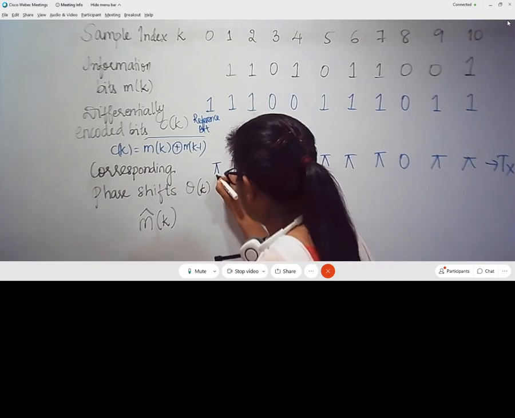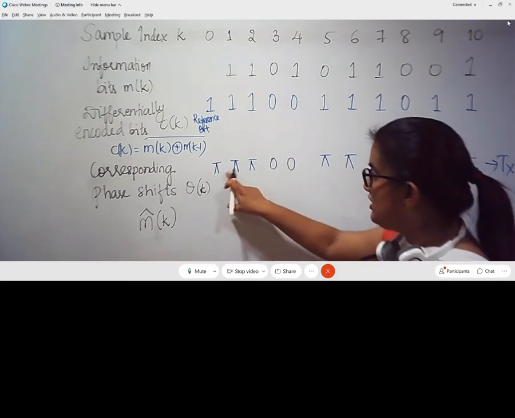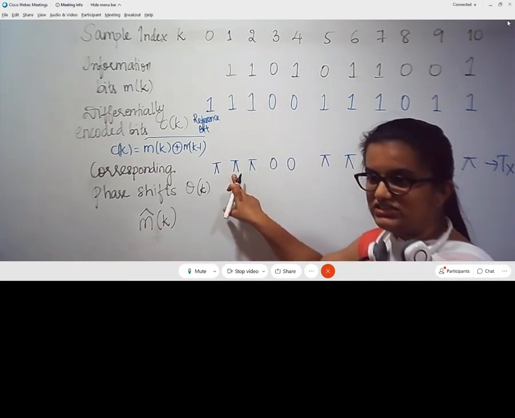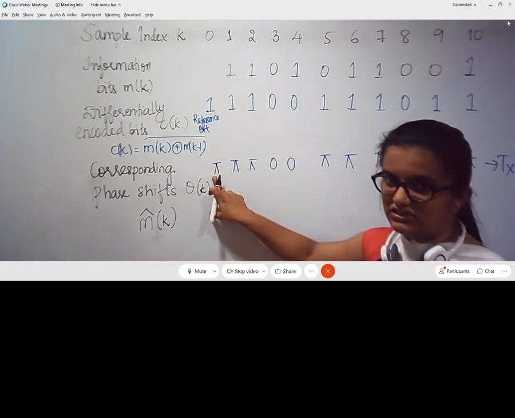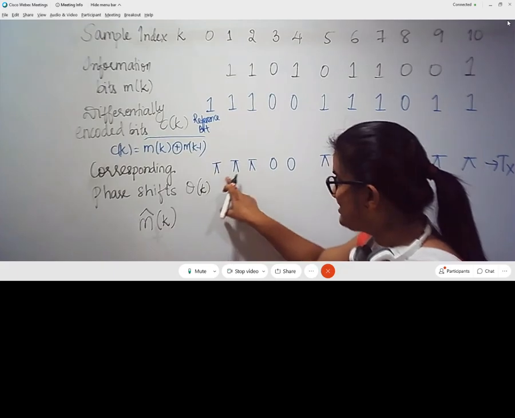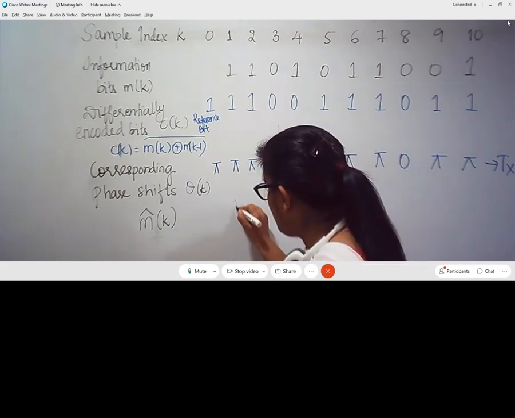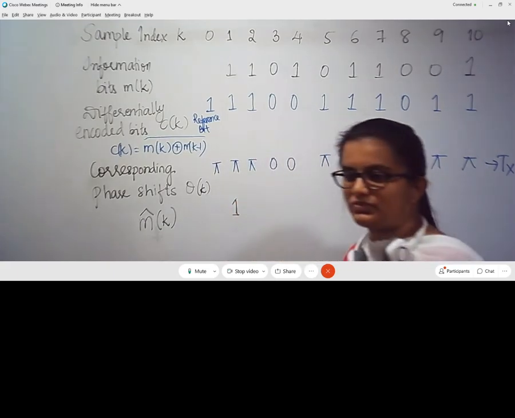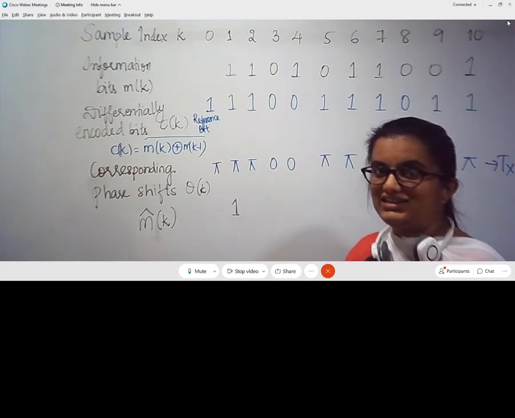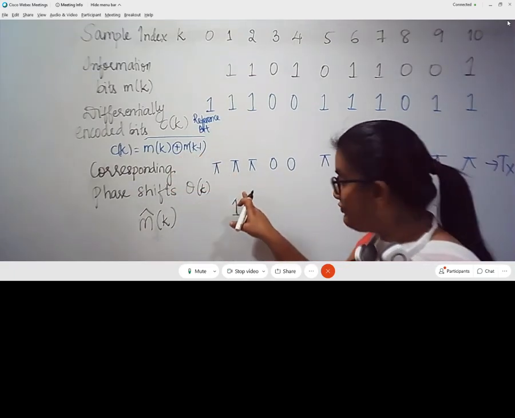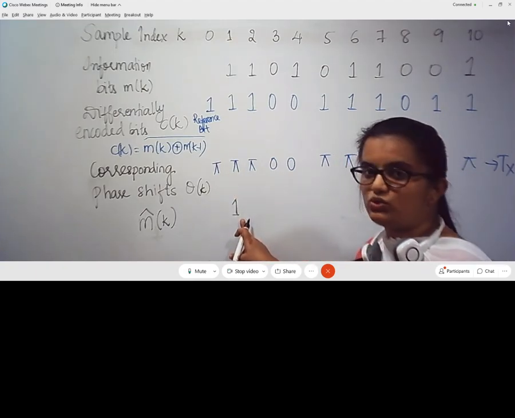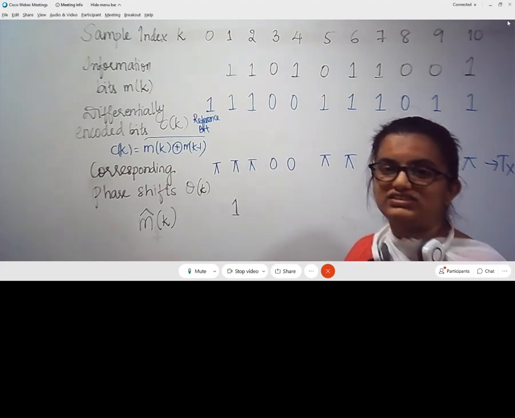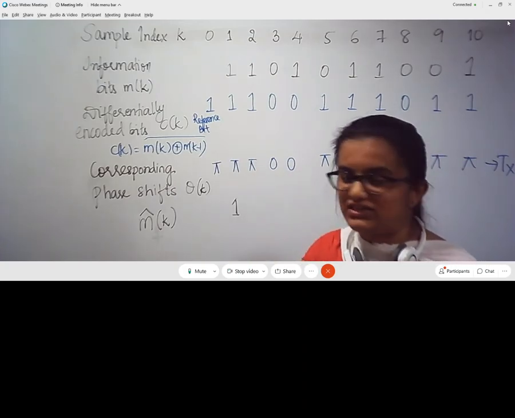Then if you look at each phase in reference to the previous phase, if both the phases are the same, I denote it with bit 1. It is the same XNOR operation only. If only two phases are the same, I represent it with 1. If the two phases are different, I represent it as 0.